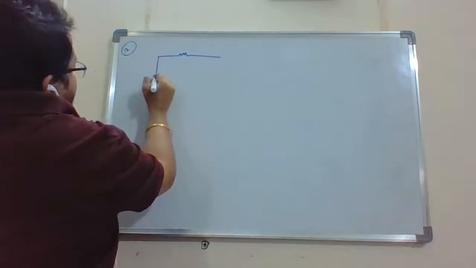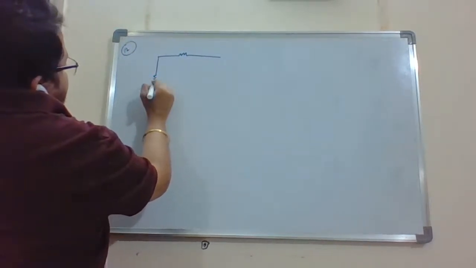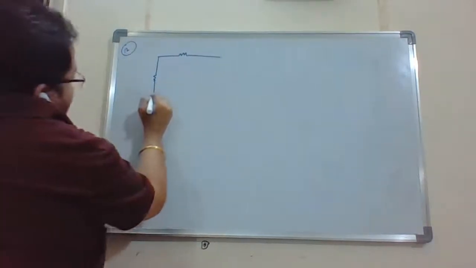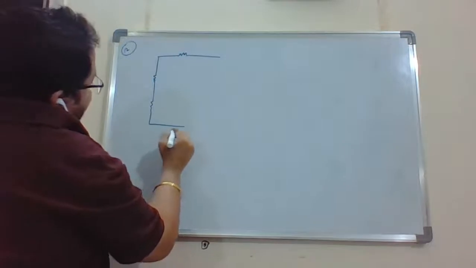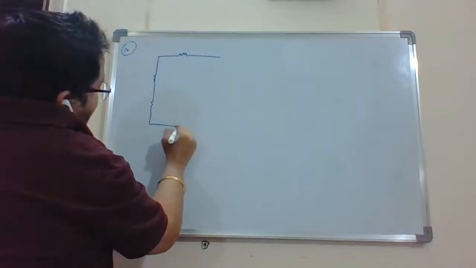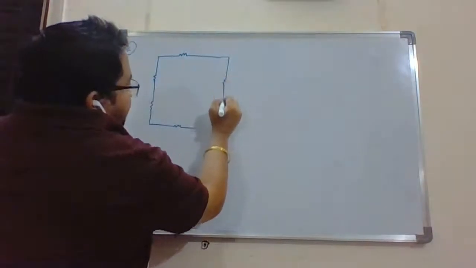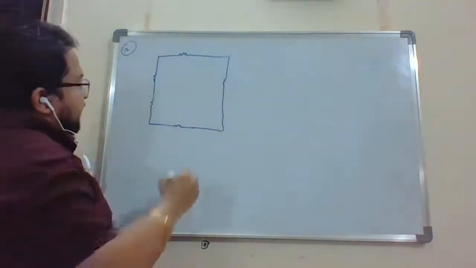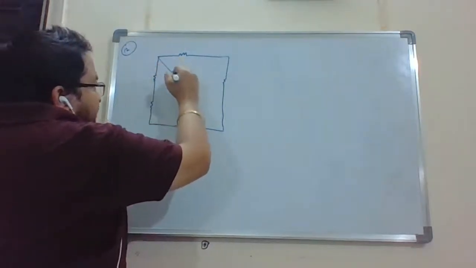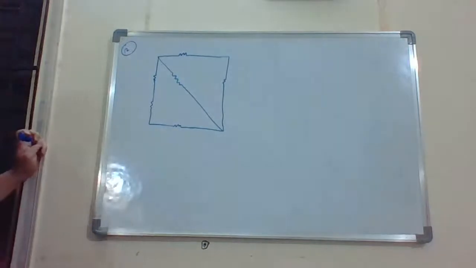Suppose I have for instance R1, R2. I have one more resistor here, and one more resistor here like this. And now let me connect one of the diagonals.